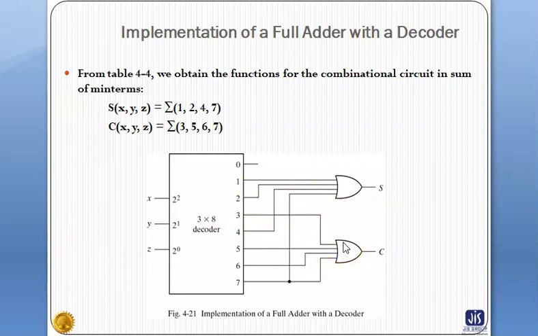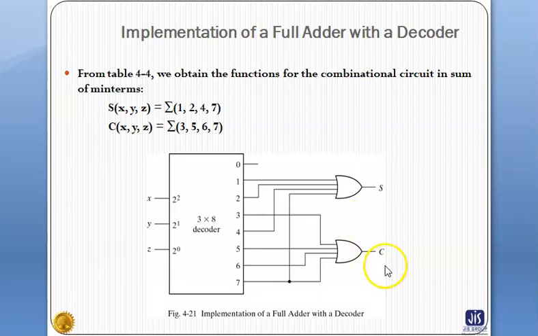For example, when the input XYZ is 1 1 1, that means line 7 will be high, and which is given to both the OR gates, and so the outputs S and C are high.